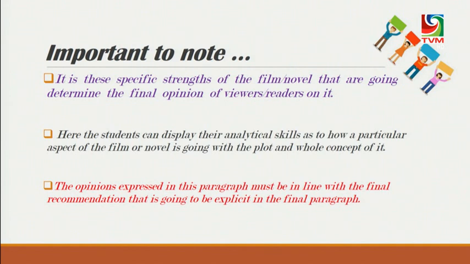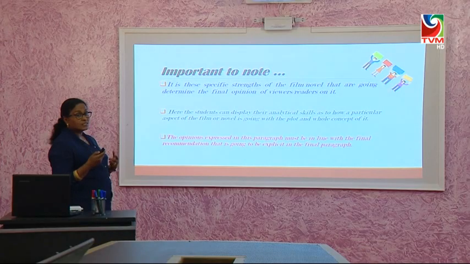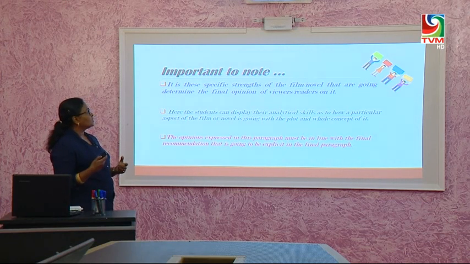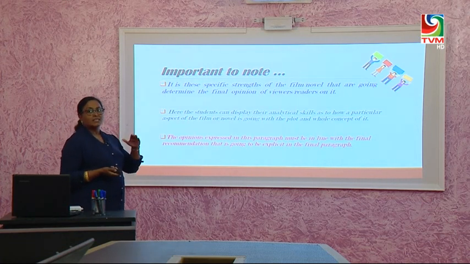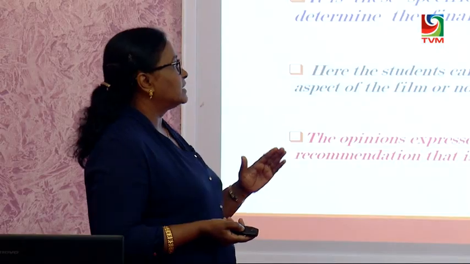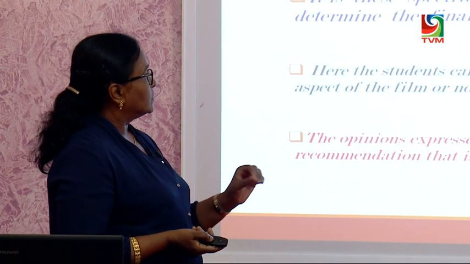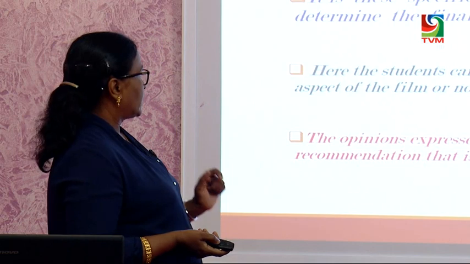You can talk about the strength of the movie, the weakness of the movie, the performance, and how the director had directed the movie, or the ambience was very good, the plot was very good, and the way the dialogues were delivered. All those things you can critically analyze, the positives and the negatives of the movie or the book, and write that.